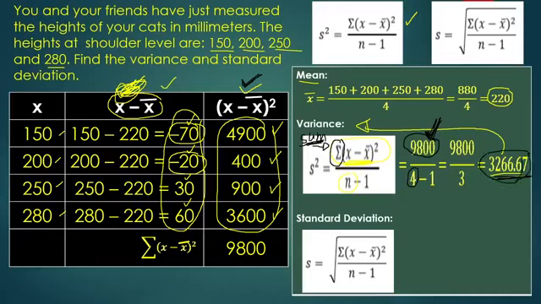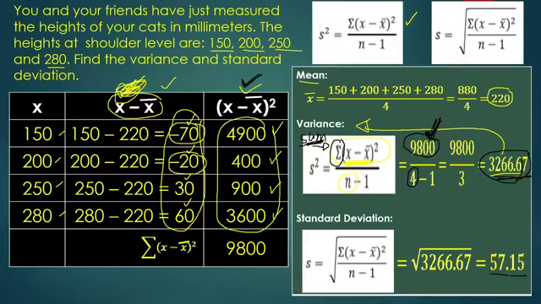Use your calculator, please. Pila yung square root sa 3,266.67? Okay, 57.15. You have there, the square root of the variance is 57.15. Is this correct? Pila may day sunod aning 5?